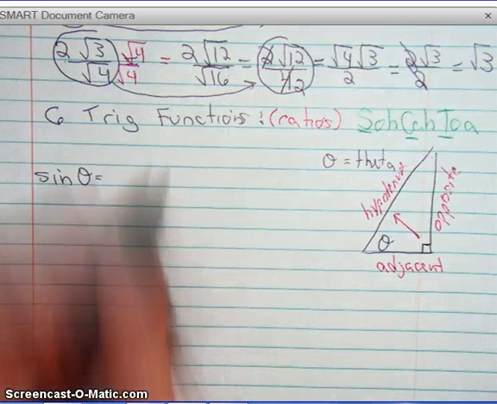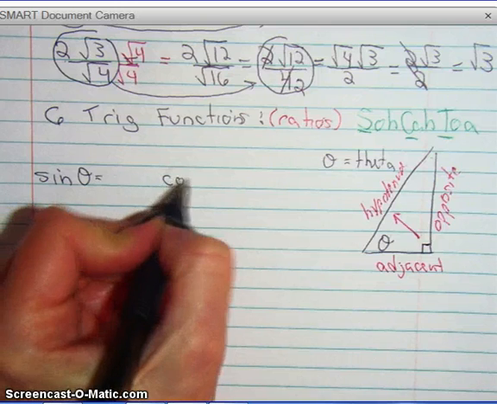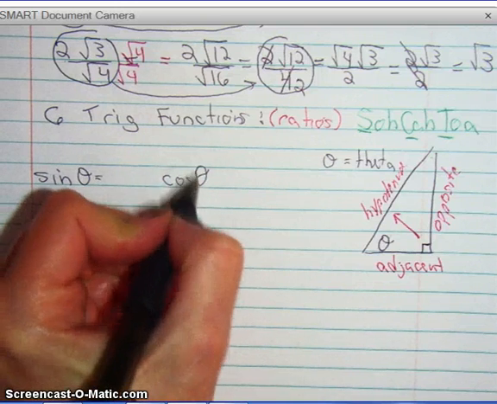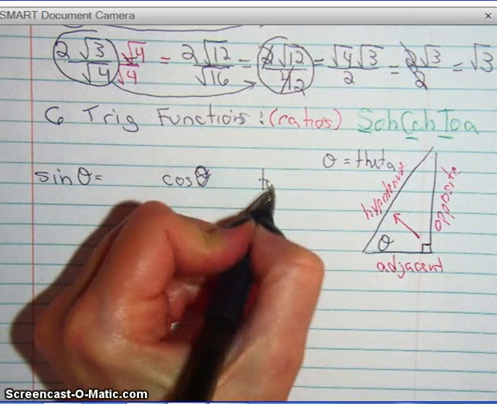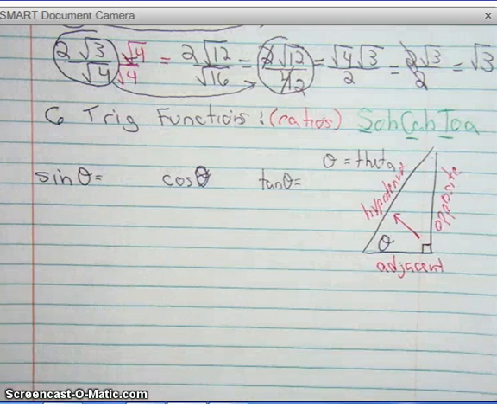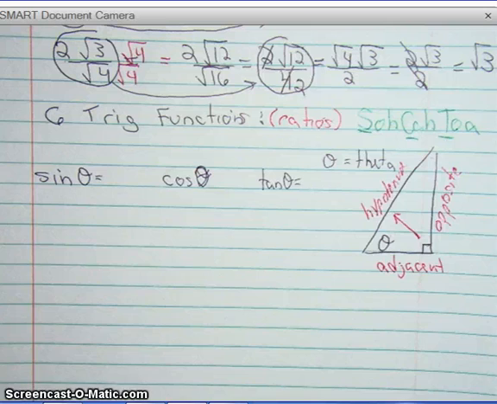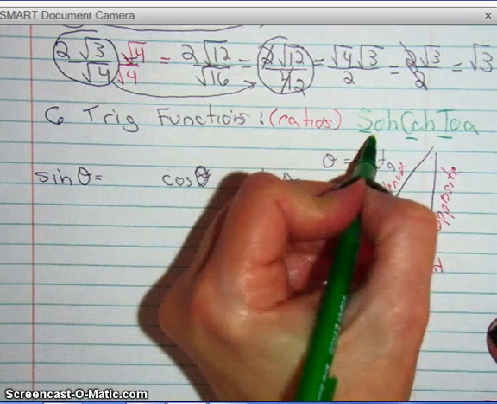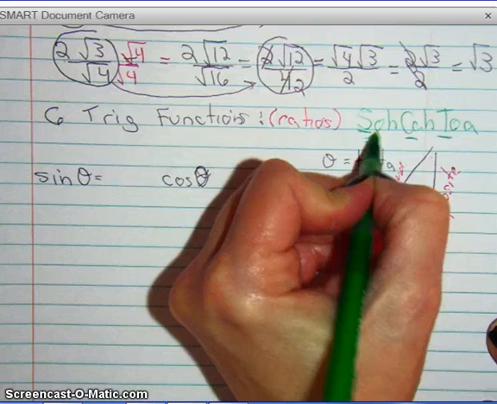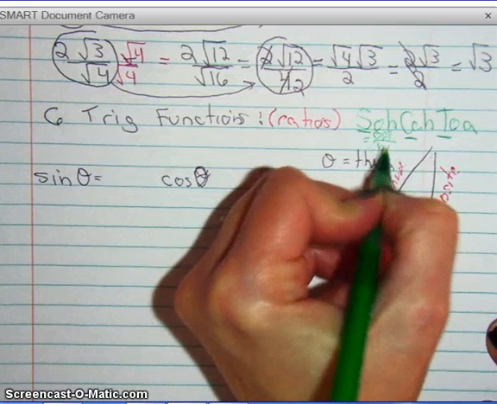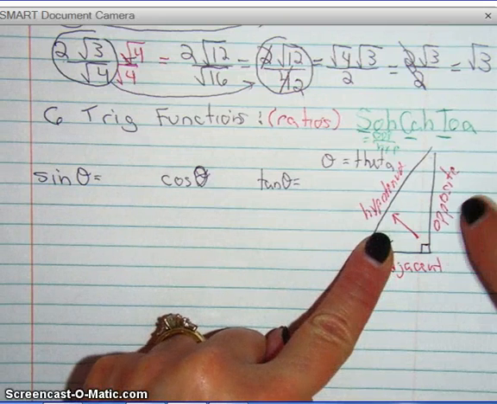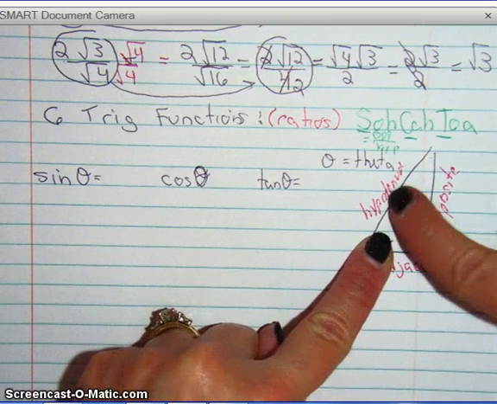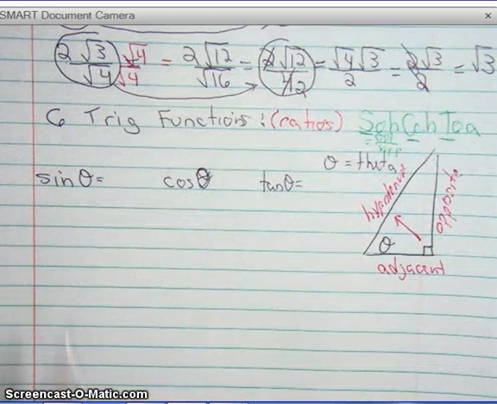Next one is cosine of theta, and then tangent of theta. SOHCAHTOA. The O and the H stand for opposite over hypotenuse. So sine of theta would be opposite from my finger over hypotenuse.